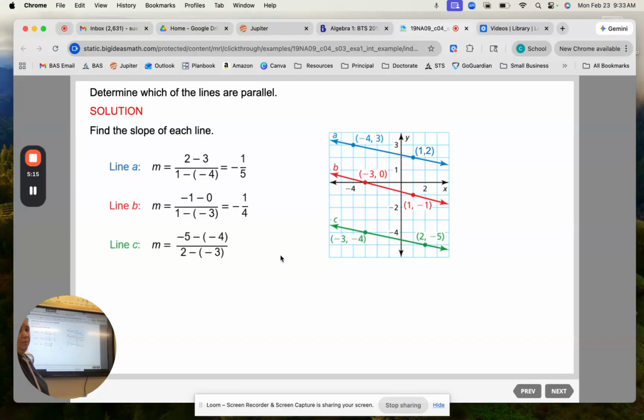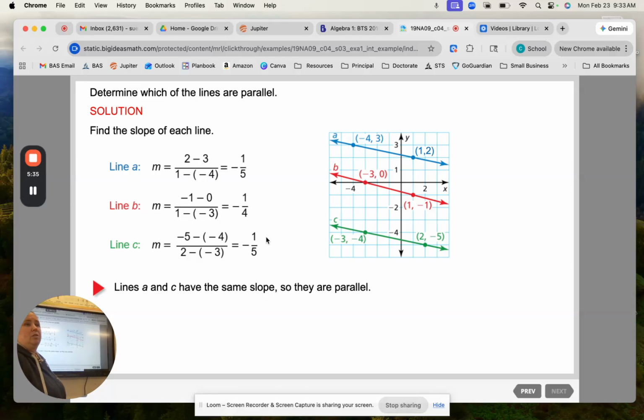Negative 1. And what is 2 plus 3? 5. So our answer is negative 1/5. So which two lines are parallel? A and C. That is the question it asked. So make sure for your answer, you tell me line A and C are parallel. Then make sure you're circling your slopes so that I know what you solved.